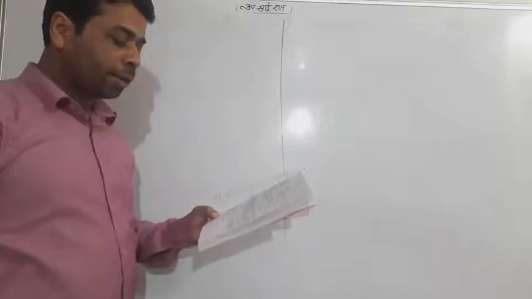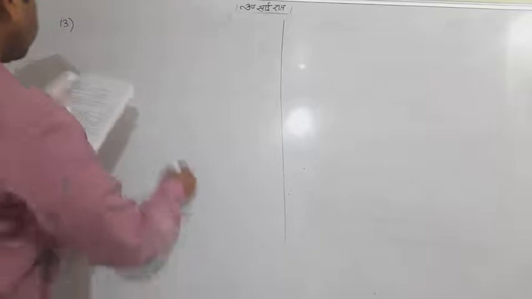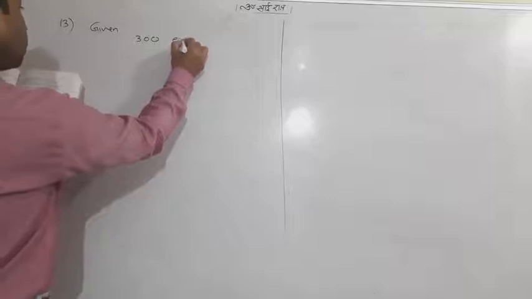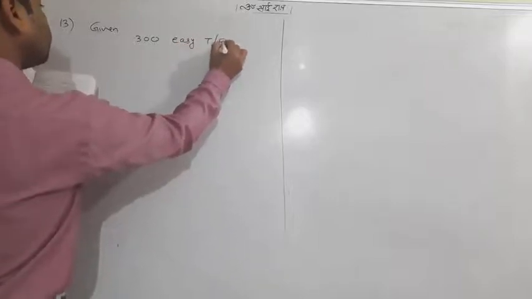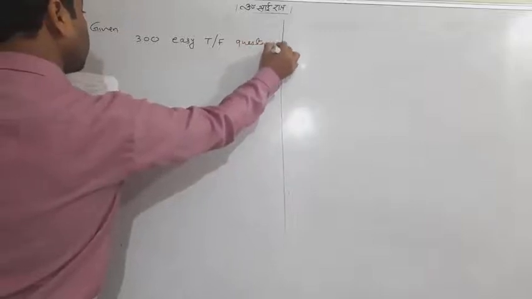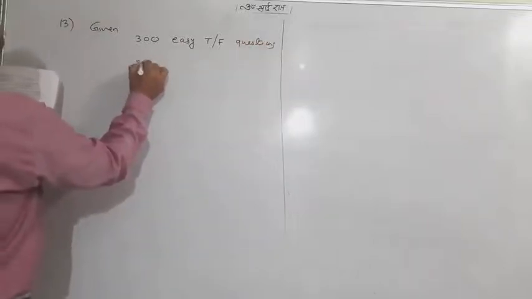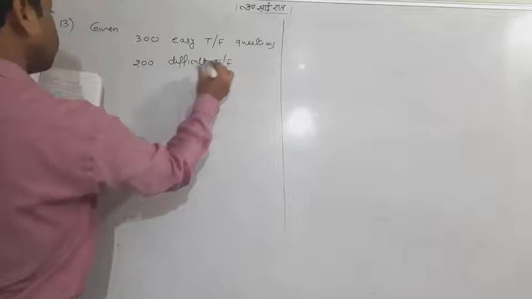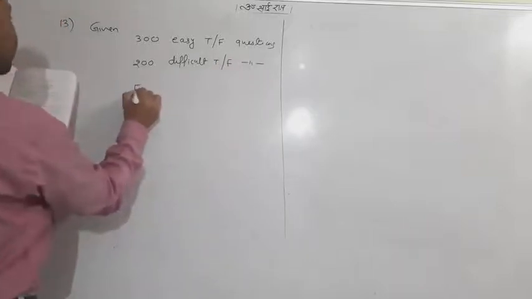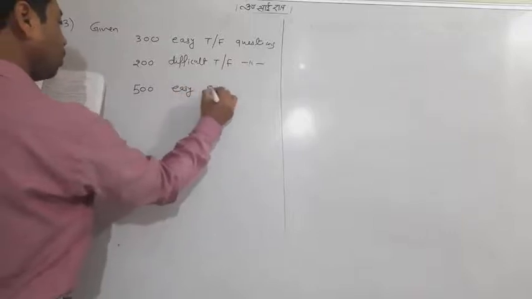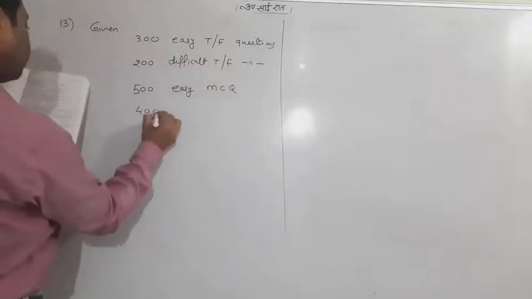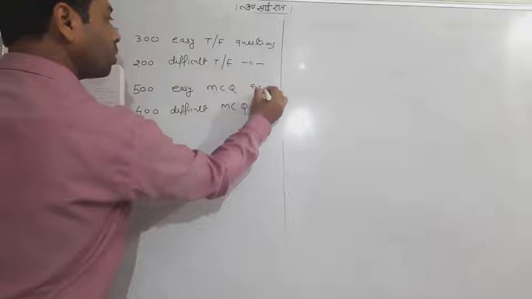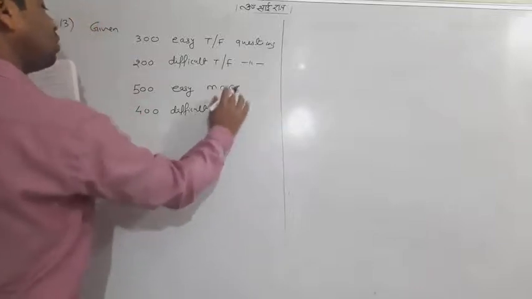An instructor has a question bank consisting of 300 easy true false questions, 200 difficult true false questions, 500 easy MCQs, and 400 difficult MCQ questions.